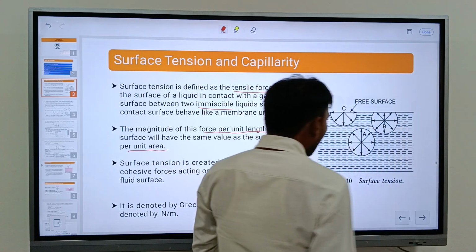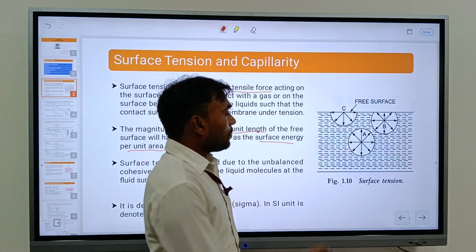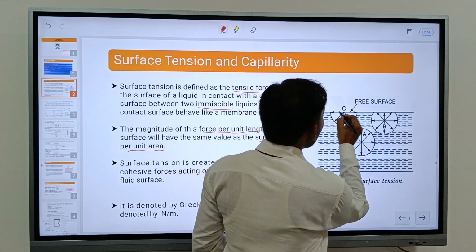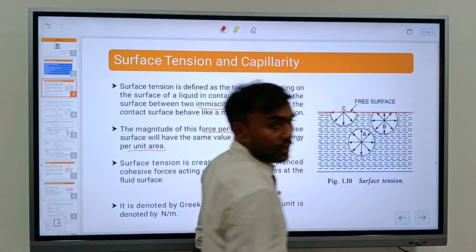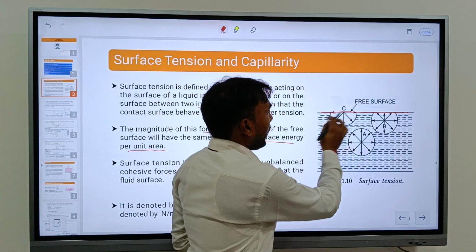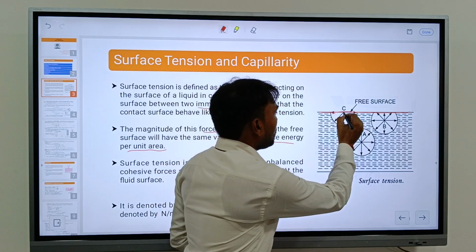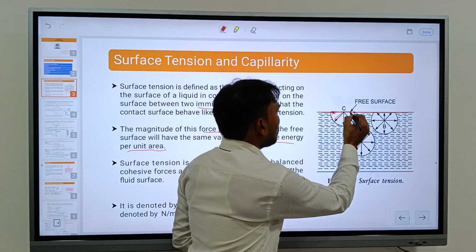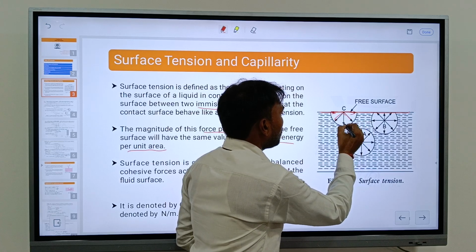You can see in this figure the free surface of a liquid, where tensile forces are acting in this direction, in this direction, and in this direction.